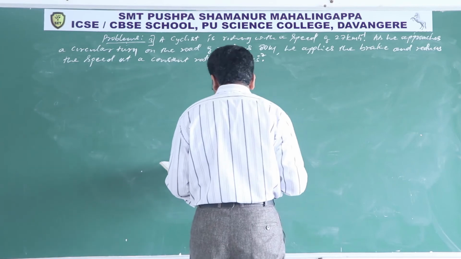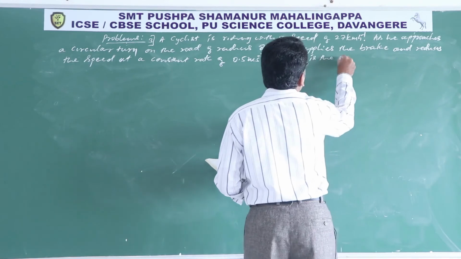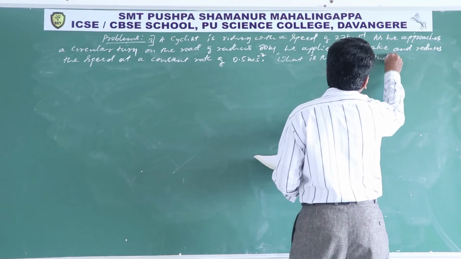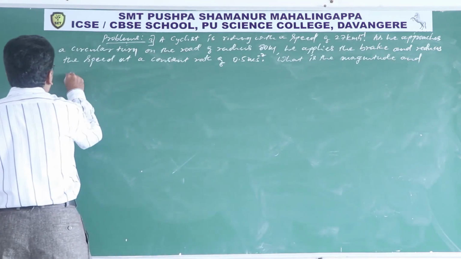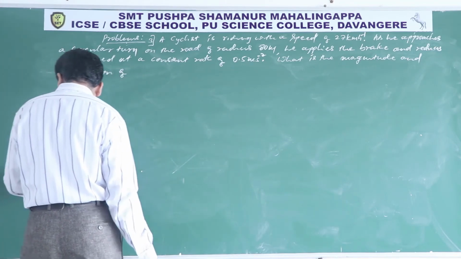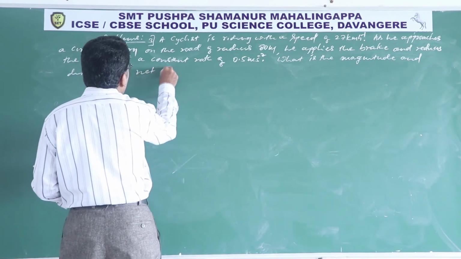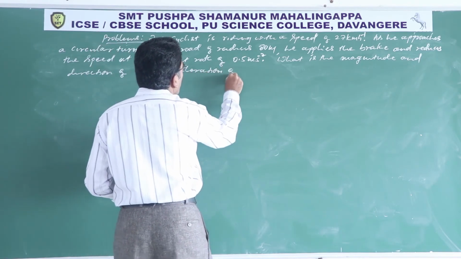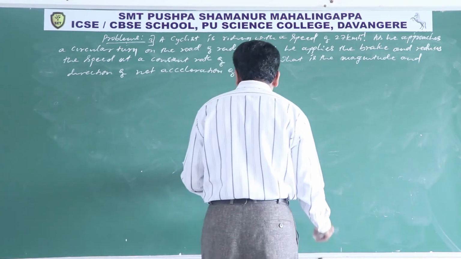What is the magnitude and direction of the net acceleration of the cyclist on the circular turn?